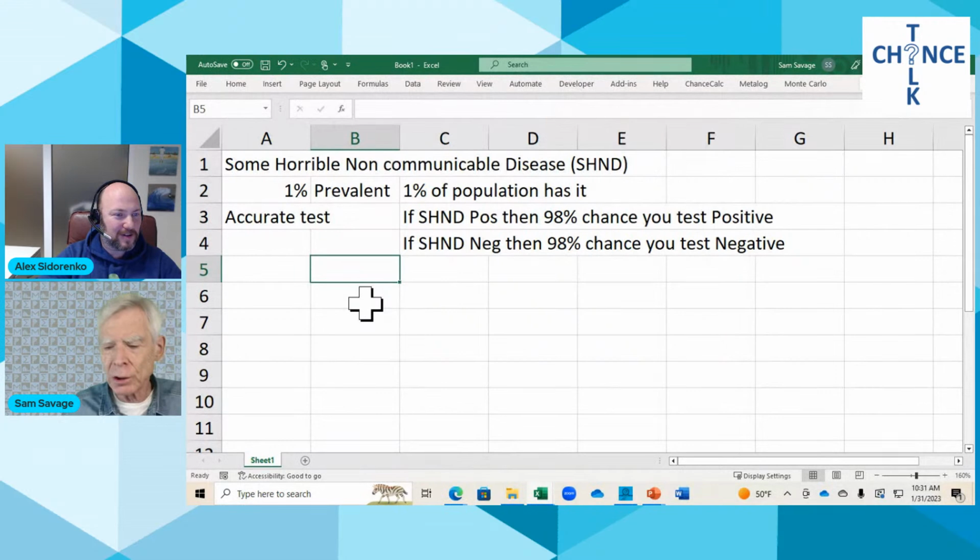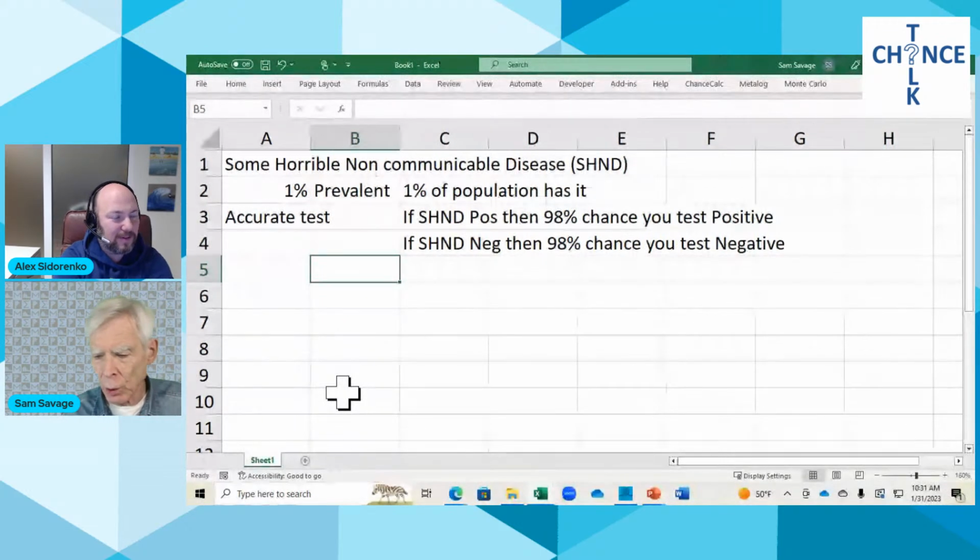This is like a totally random occurrence that you have it. You get hit by a cosmic ray, it does something to a chromosome, and now you have it. So here's the question.